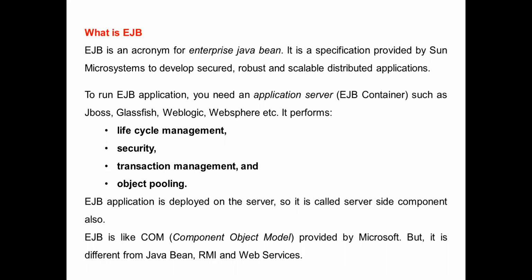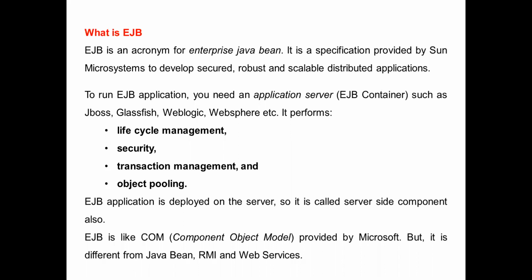Also we can use WebLogic and WebSphere, etc. So these are the application servers on which we have to run EJB applications. And the EJB container will perform some platform services, such as lifecycle management, security, transaction management, and also object pooling. In the next slide, we will see what object pooling is.